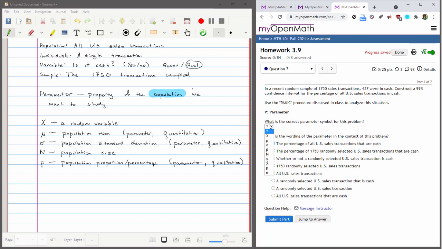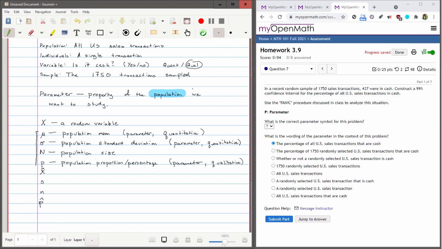We also have in this list a bunch of what are called statistics. Isn't this whole unit about statistics? Yes. But also, a statistic is the thing that we calculate for a sample.